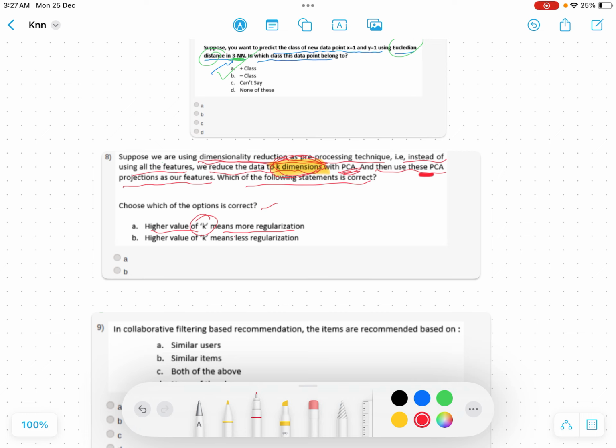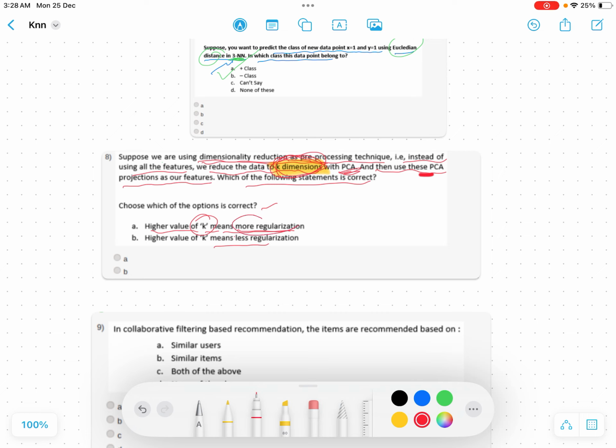So higher value of k means more regularization, or does it mean less regularization? Here k is the dimension, so if we are considering more dimensions, then obviously we will have less regularization. So higher value of k means less regularization.